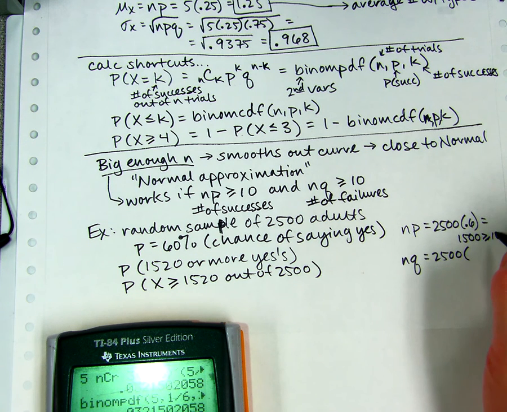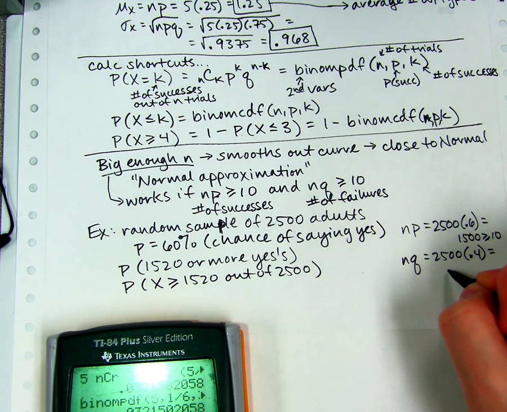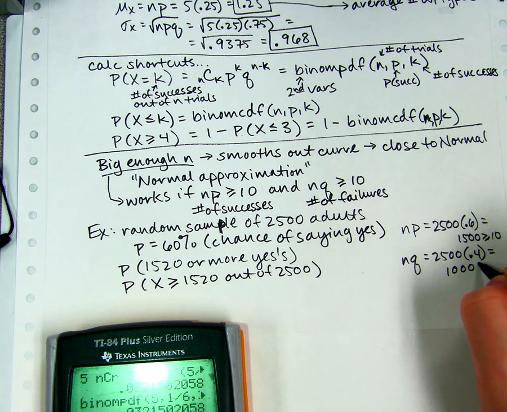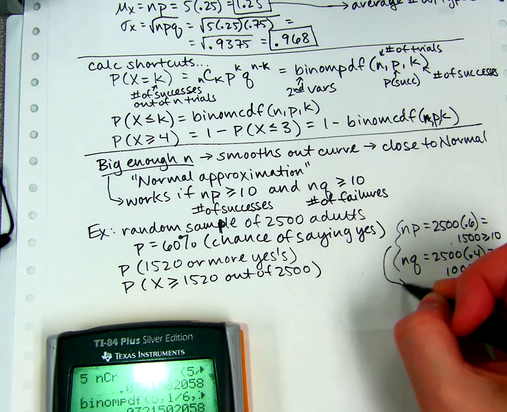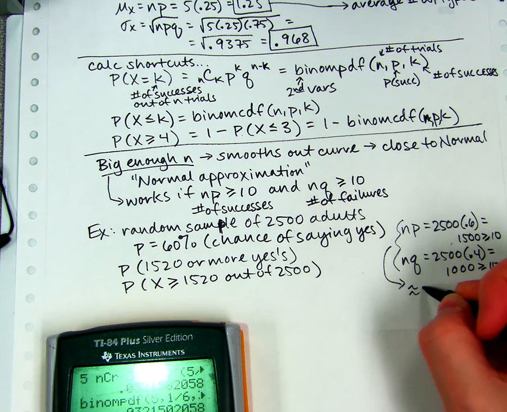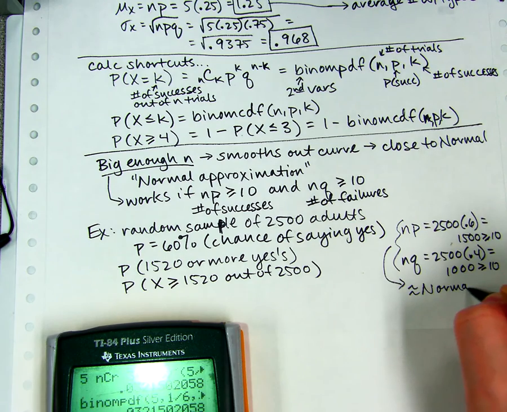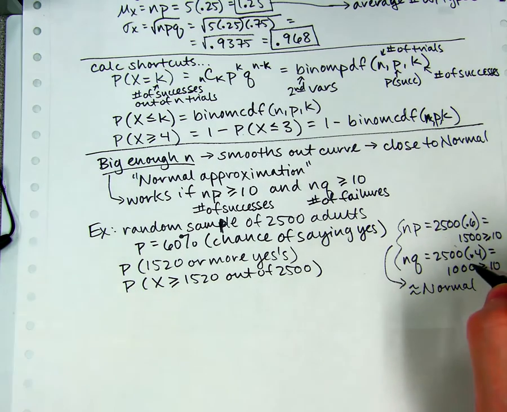Remember, q is 1 minus p. I have to say that every day for a little while at least. 1 minus 0.6 is 0.4, and when you do that, you get 1,000. That's also bigger than 10. So this means I can assume that this distribution is approximately normal. Doesn't mean it's perfect, means it's close enough to get a good approximation.